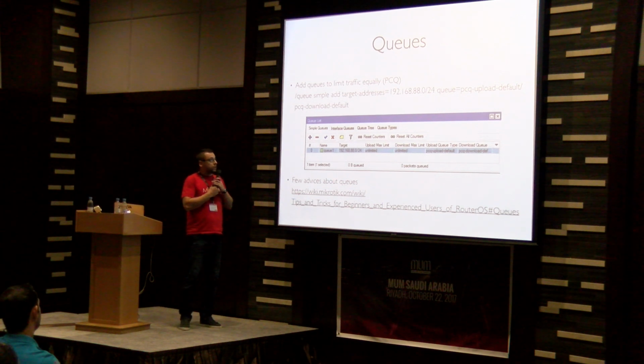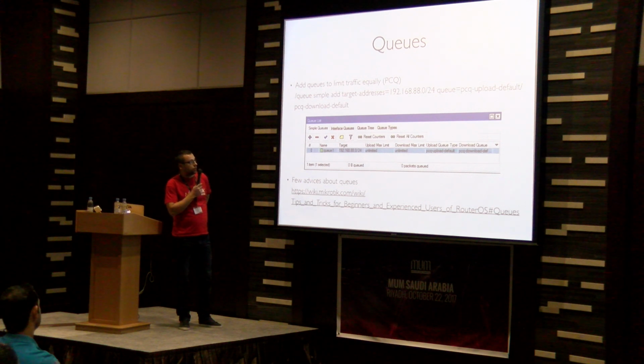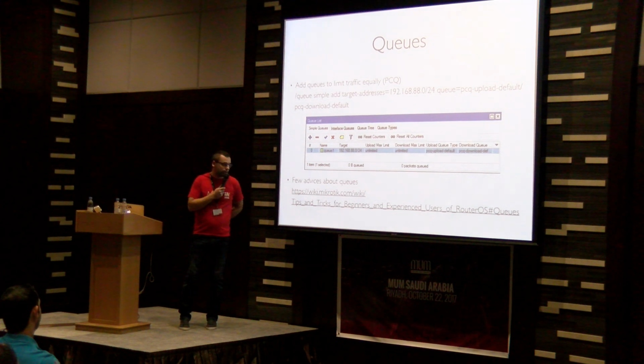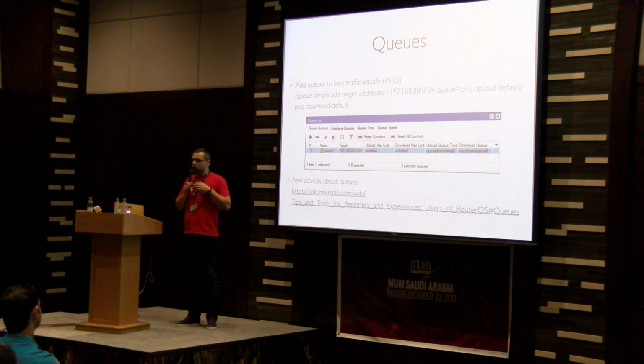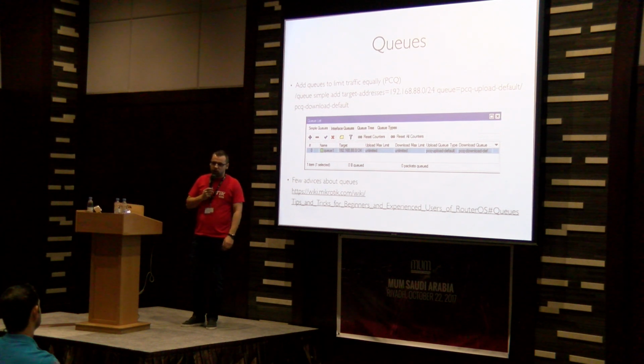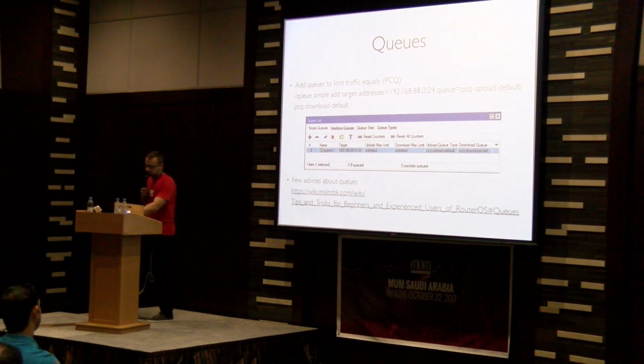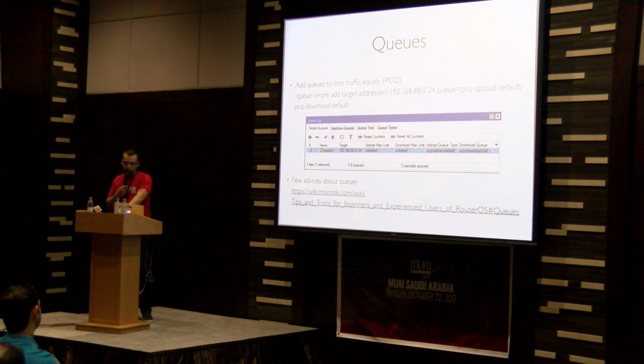You specify the target address, which is your local subnet, and specify queue type PCQ upload and PCQ download. What it will do is divide the whole available bandwidth equally for each user. Let's say if we have a 10 megabit connection, for 2 users, each will get 5. We have 4 users, each will get 2.5, and so on. So this allows distributing bandwidth equally.